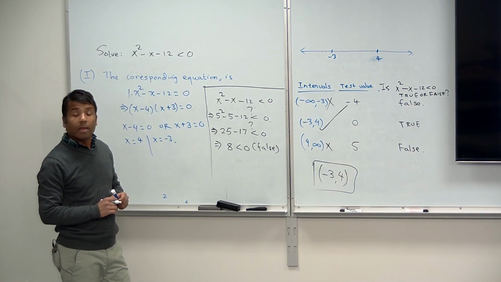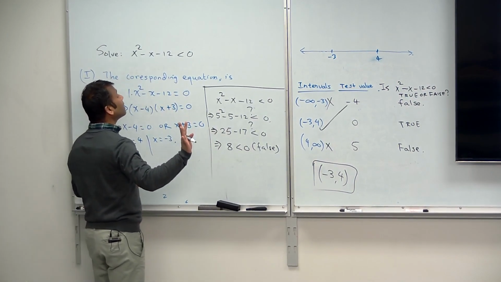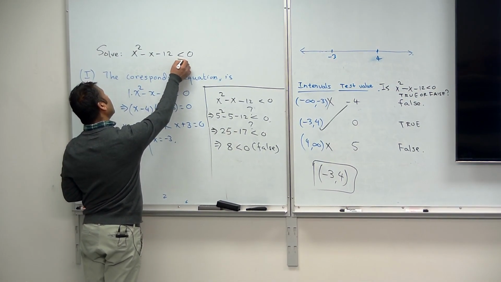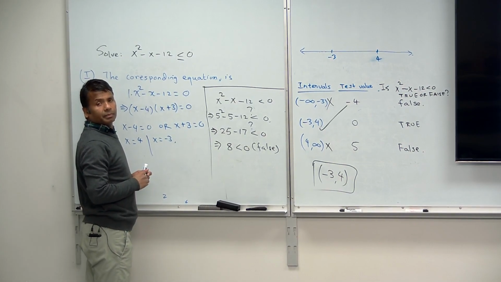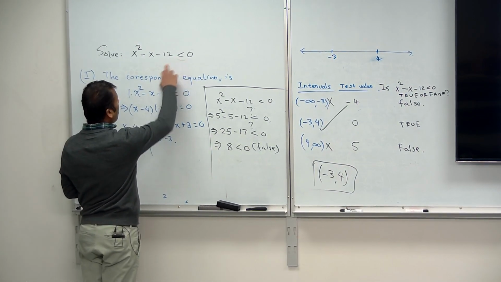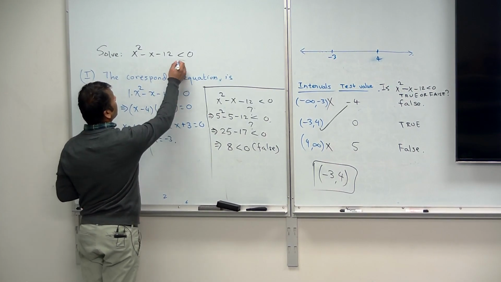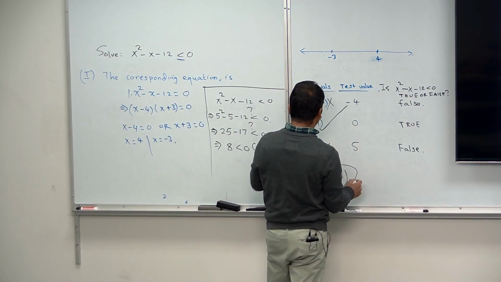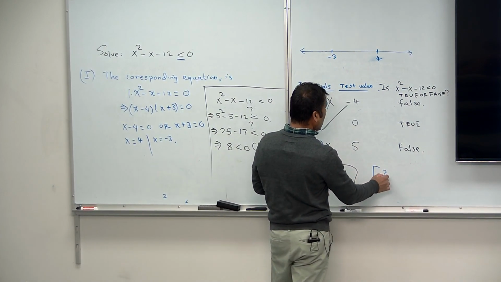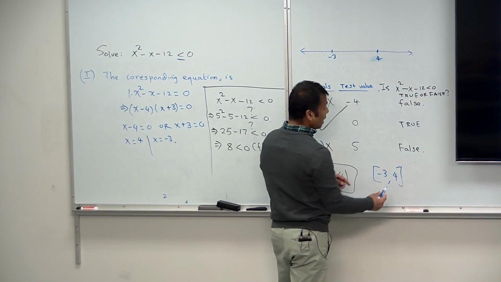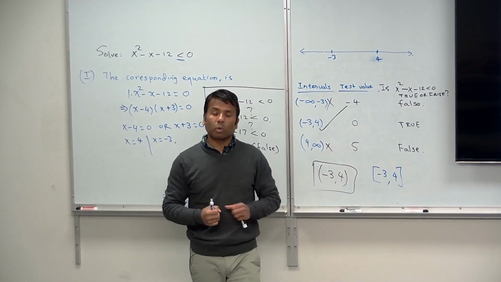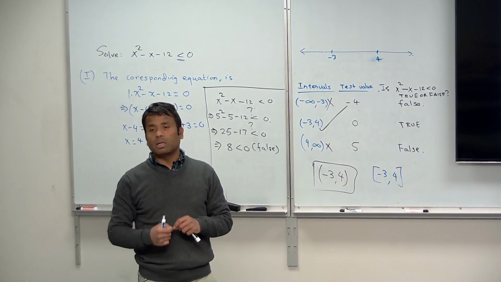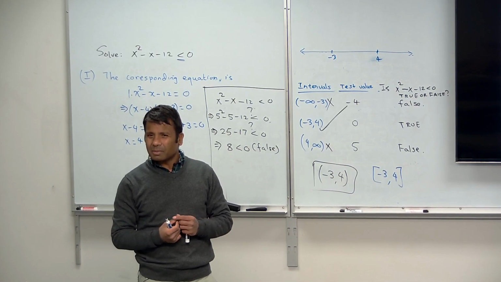Now, let's say for example, if you have a non-strict inequality like this, less than or equal to, at that time the solution set will be what? You have to include the endpoints also. So you have to write down -3, 4, and you have to enclose it with brackets. That makes sense?